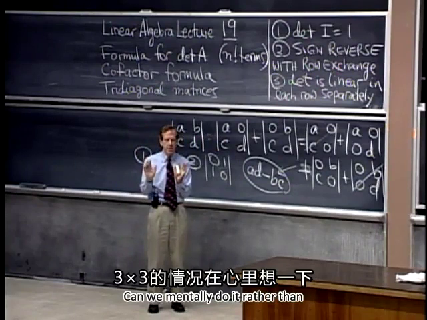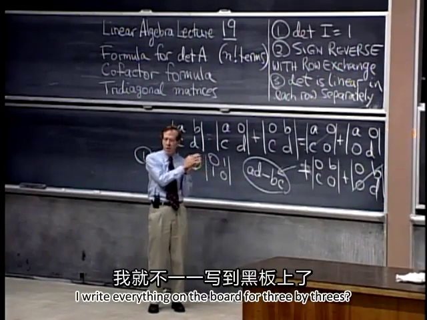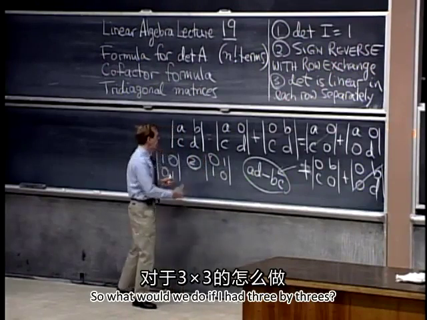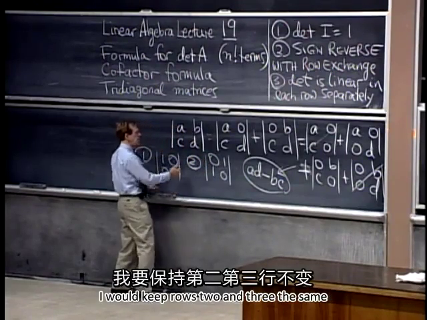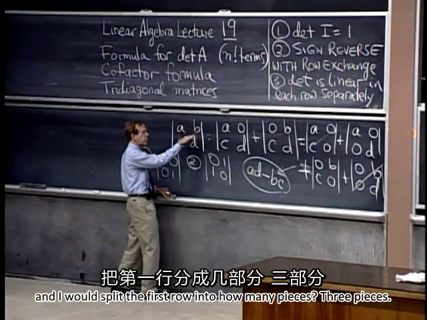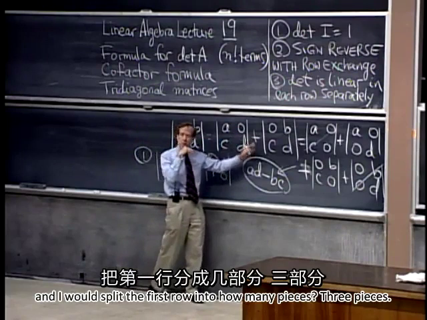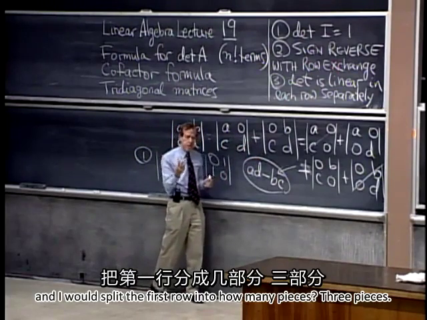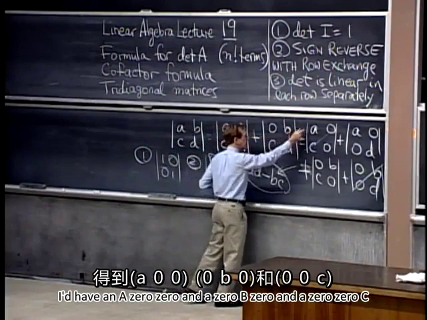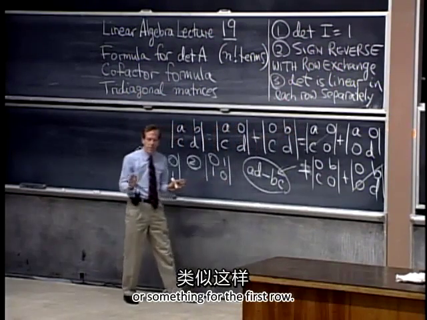Can we mentally do it rather than I write everything on the board? I would keep rows 2 and 3 the same, and I would split the first row into how many pieces? 3 pieces. I'd have an (a, 0, 0) and a (0, b, 0) and a (0, 0, c) for the first row.